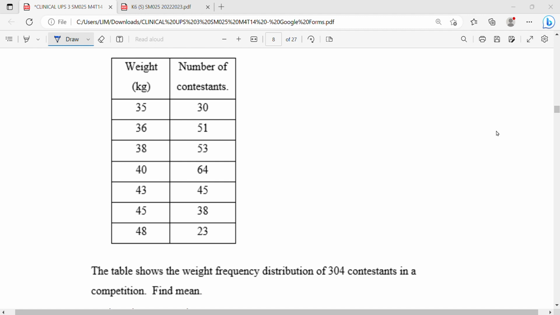Can you open the frequency column? You can open the frequency column at shift mode. Bring shift mode down, find statistic, press on the frequency. Then we just key in on it.